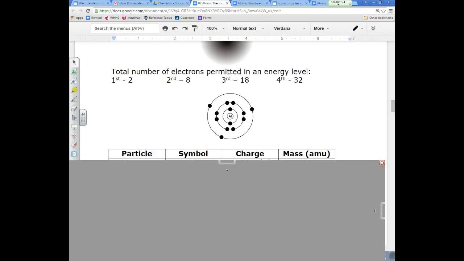It's also important to know about the mass of each of those individual particles because that does affect the mass of the element or the atom itself. Now, mass is going to be measured in AMU. If you remember from your definitions, an AMU is an atomic mass unit.